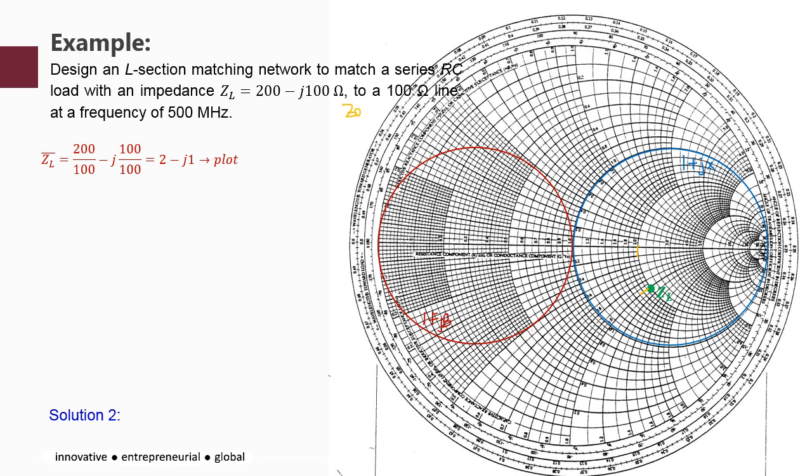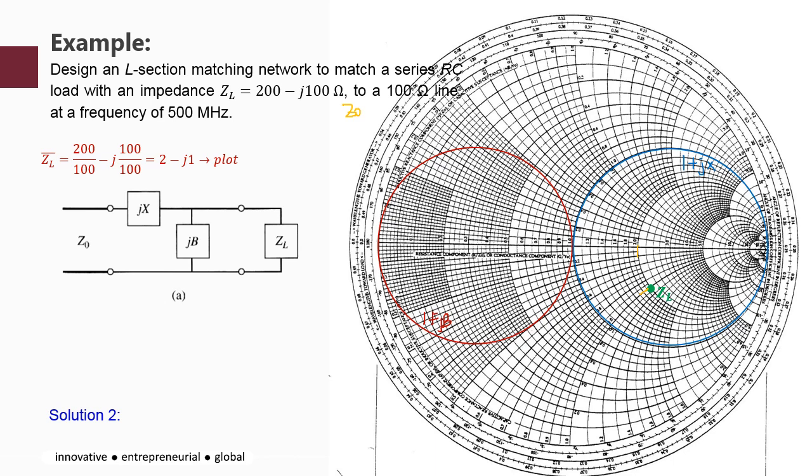Obviously the ZL lies within the 1 plus jX circle, so you need to use configuration A, in which you have the jB component in parallel. The first element that you need to analyze is the jB in parallel to ZL, and the second component will be the series one.